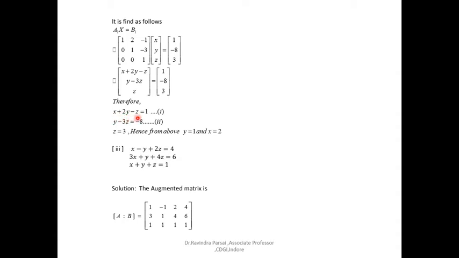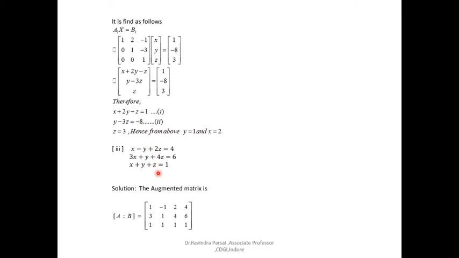So x plus 2y minus z equal to 1, y minus 3z equal to minus 8, and z equal to 3. From the last equation you get z, one unknown. Using this value in the previous equation, you get y equal to 1 and x equal to 2. So you get a unique solution for this problem.